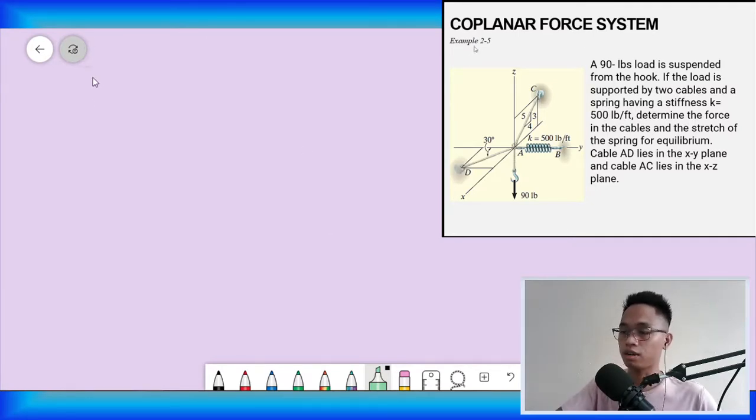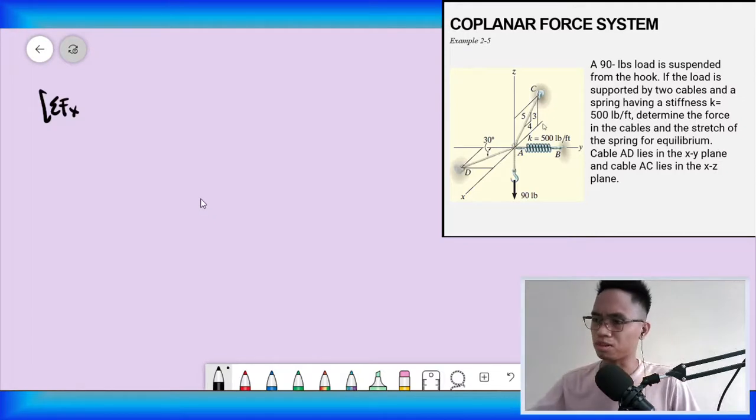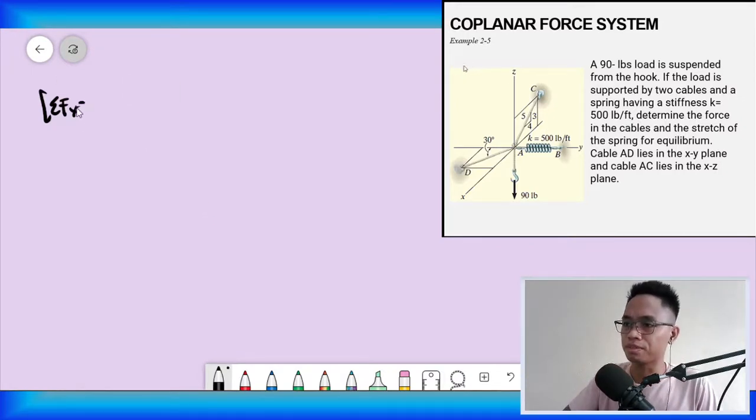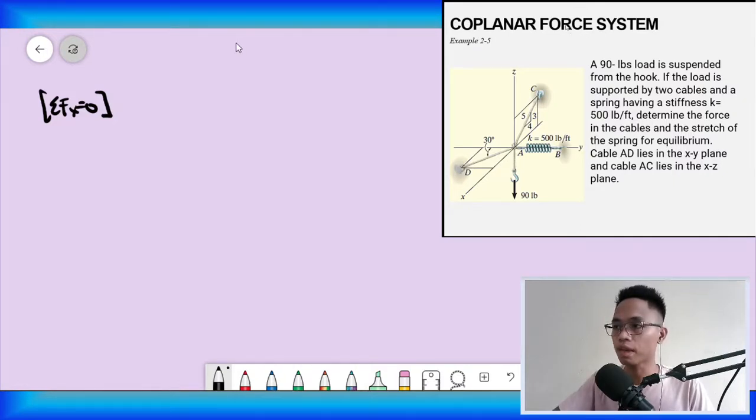So for the forces along x, we have the summation of forces x equal to 0, which takes all the i components. Here I guess you can imagine the drawing.